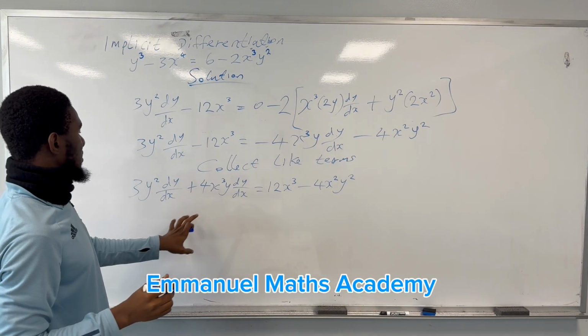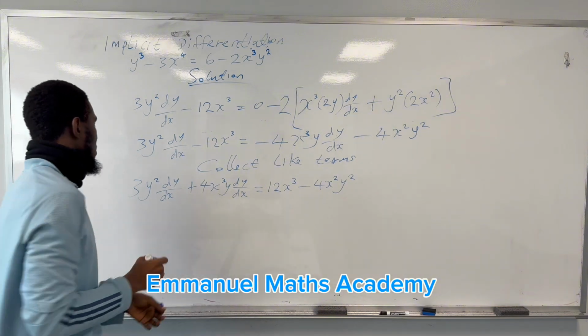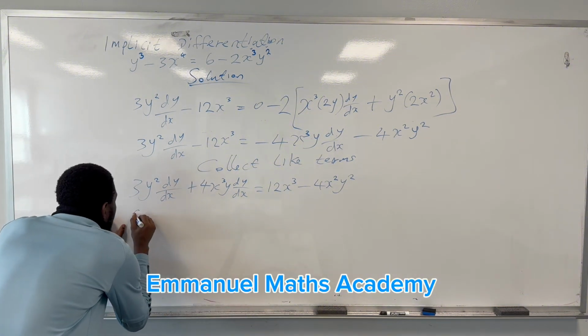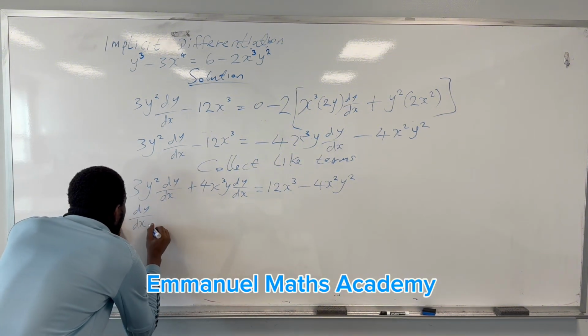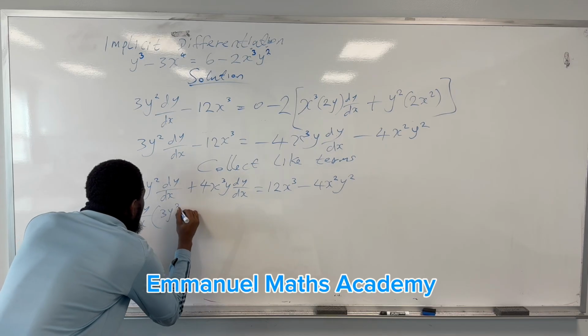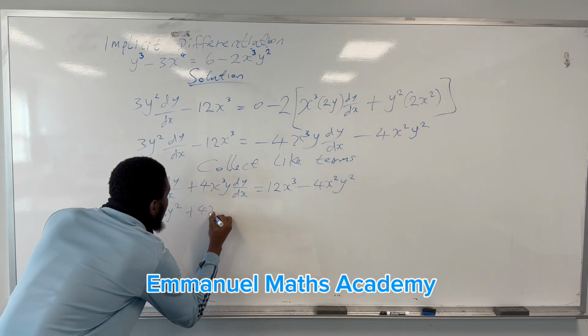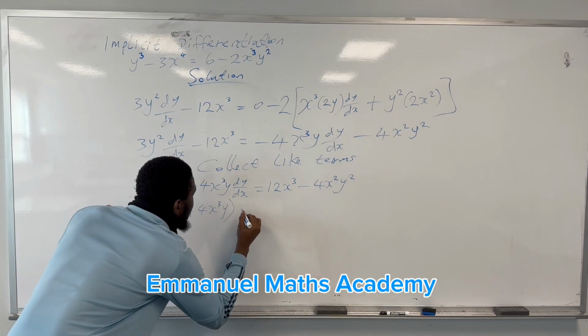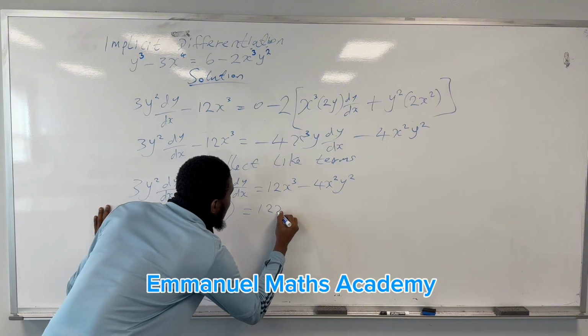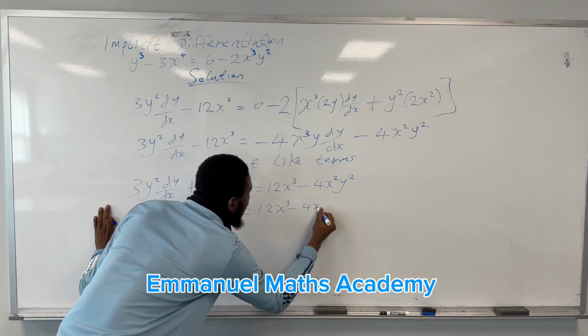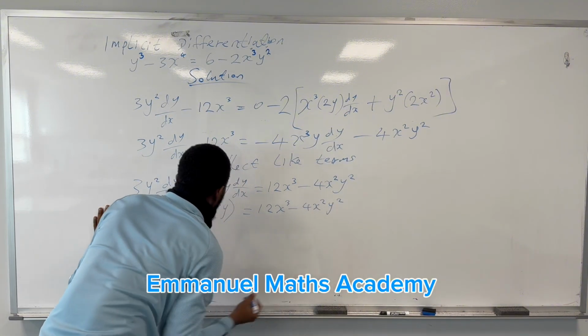You have dy/dx here and dy/dx here, so you factor it out. If you factor it out, you have dy/dx times 3y squared plus 4x cubed y equal to 12x cubed minus 4x squared y squared.